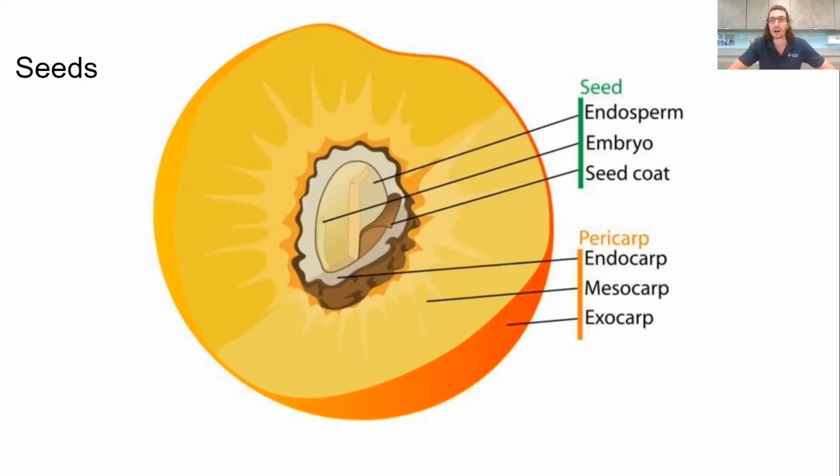And so this is why pollination is very important, and we're going to talk about pollination later as well. But that's really important to note that before the seed can start growing and developing, and that embryo can start growing and developing, it needs to be fertilized for that process to begin.